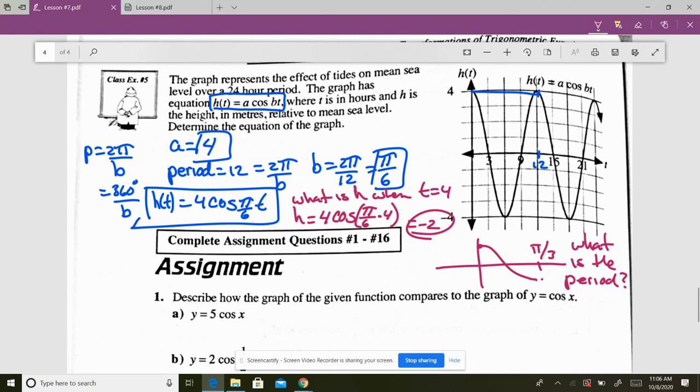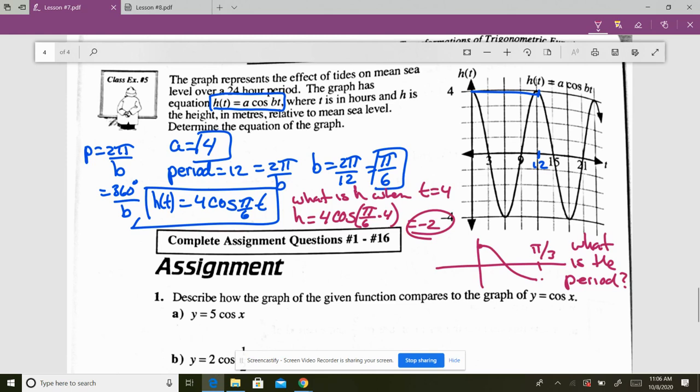What's the problem with the information I've given you here? What do you need to figure out the period? Yeah, you need like 2 peaks, right? Or 2 troughs or whatever, because it's how often it repeats. I've only given you a max and a min.